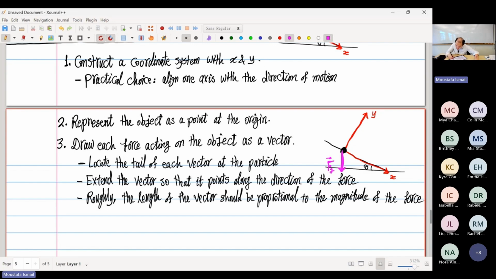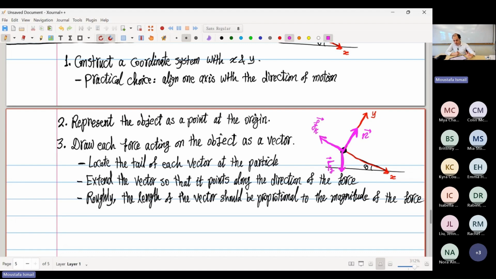There is also the normal force, and this is perpendicular to the surface of contact. And there is friction. If the object is moving down, then there is friction parallel to the surface opposing the relative motion. So this is friction, and it's kinetic because there is motion.